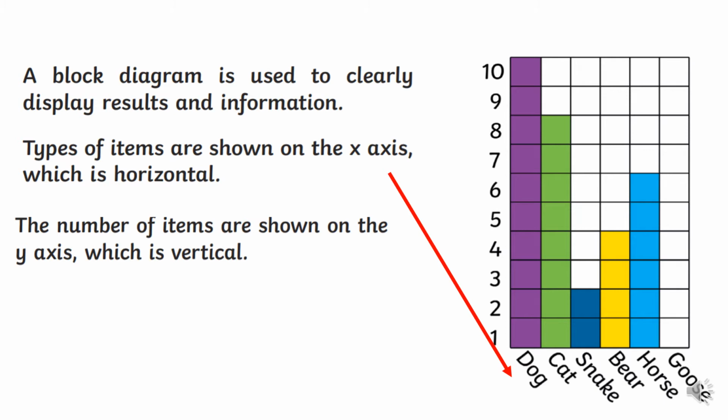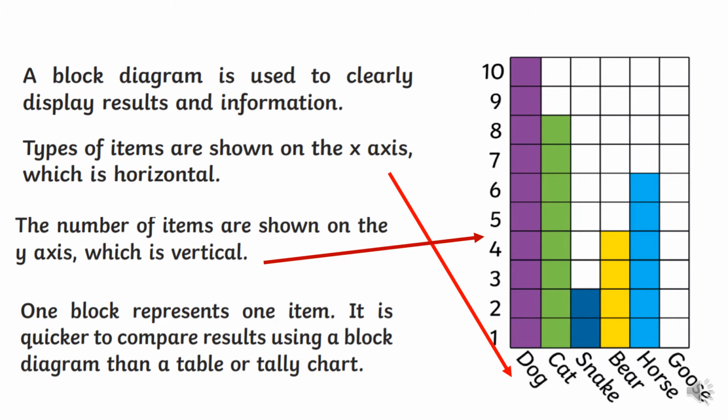And the number of items are shown on the y-axis, which is vertical. Can you say y-axis? So here is the y-axis. It's going up vertically. So we've got numbers 1, 2, 3, 4, 5, 6, 7, 8, 9, and 10. And this shows us the number of items.